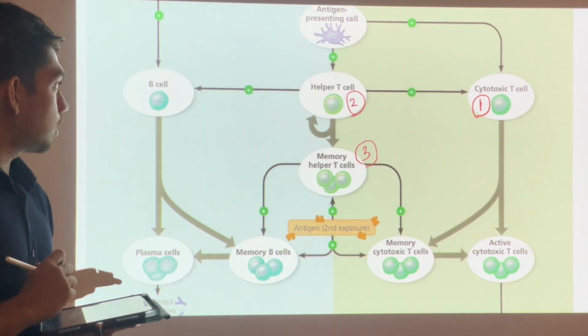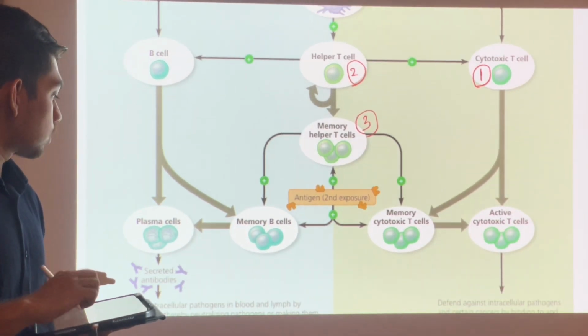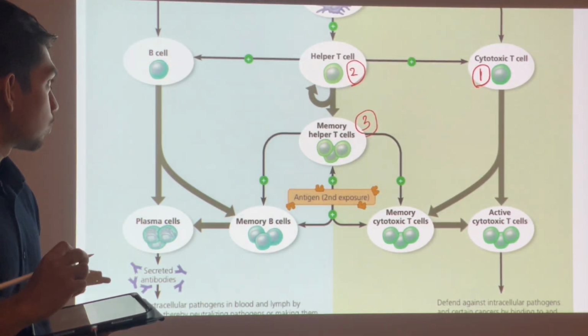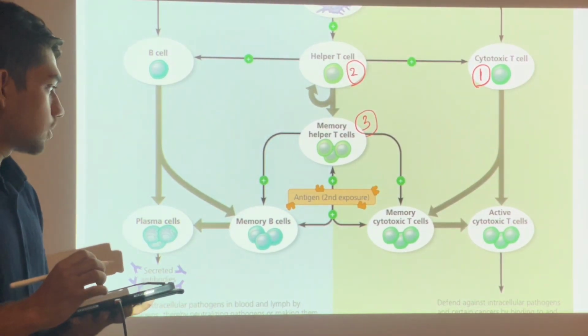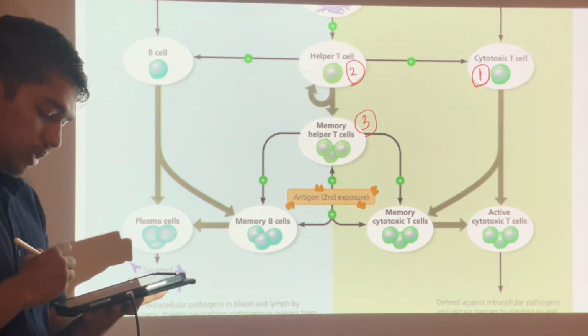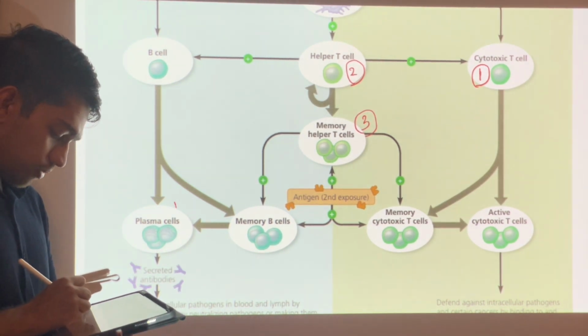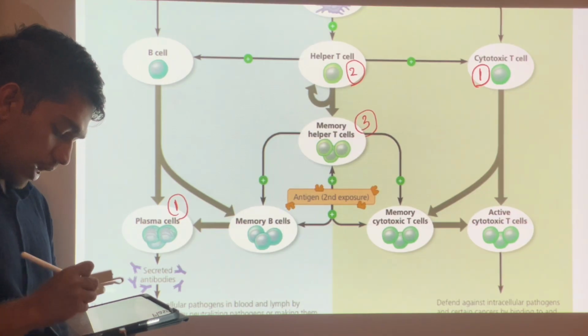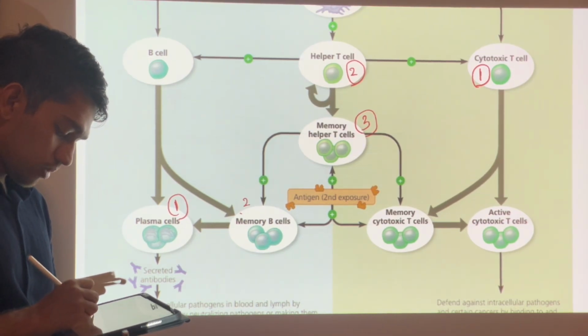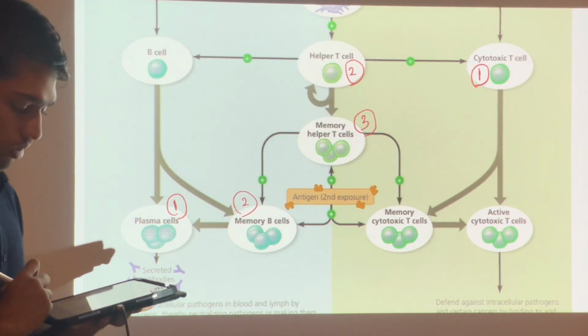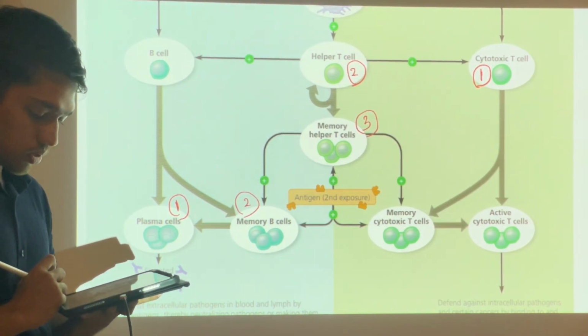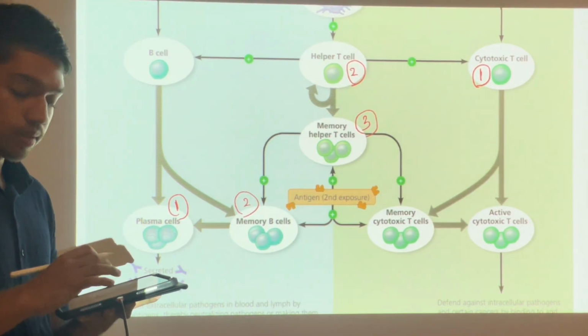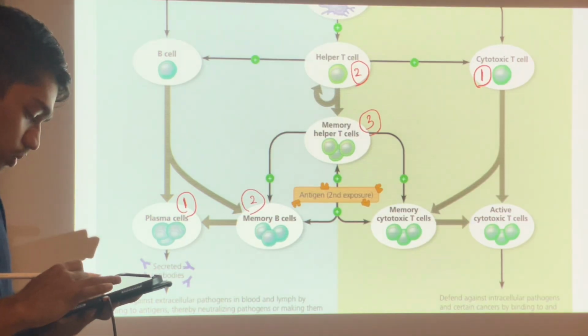Then there are B cells as well, actually 2 types. The B cells will have an effector form called plasma cells and a memory form called the memory B cells. Right. So those are the main components of your acquired immunity.